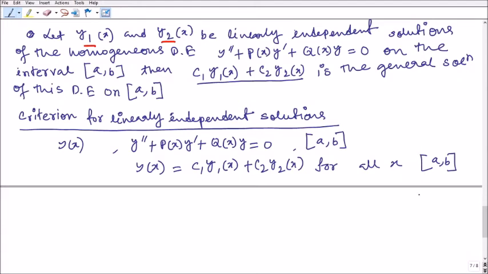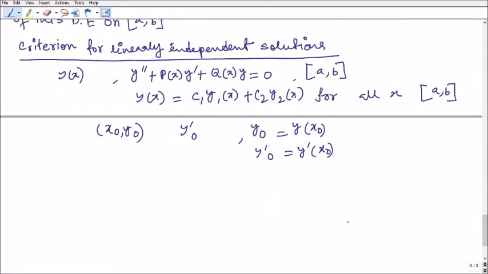Now suppose we consider this is the unique solution, then it will pass through a point x0 with a specified slope y dash 0, where y0 is equal to y of x0 and y dash 0 is equal to y dash of x0.